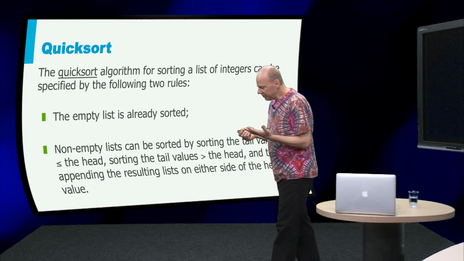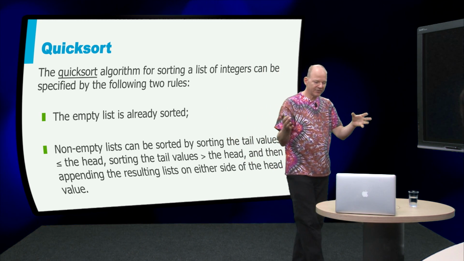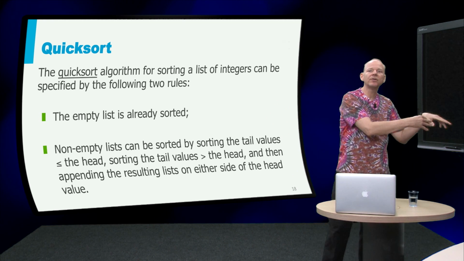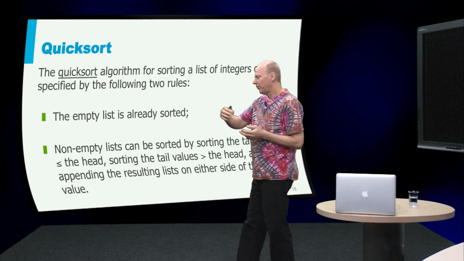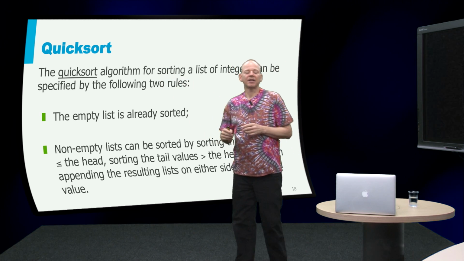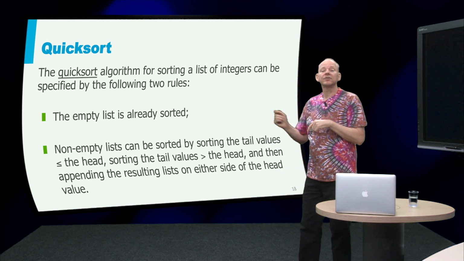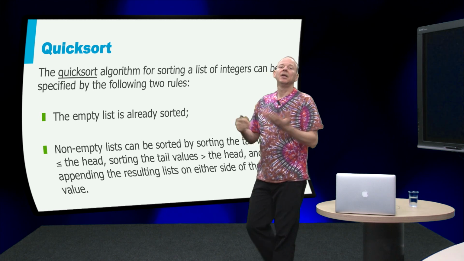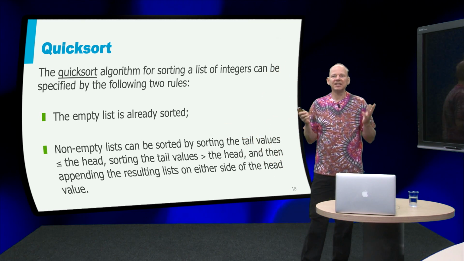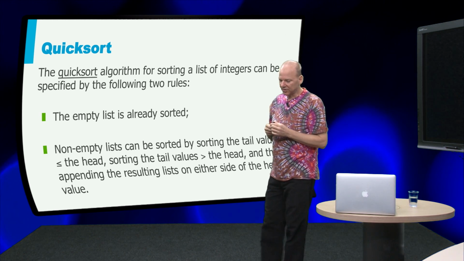Well, we can look at the head of the list and break this list in two, one with all the values that are less or equal than the head, one with all the values that are greater than the head. Then we can just recursively sort those two lists and inject the head in the middle, and we're done. That's the algorithmic essence of quicksort.